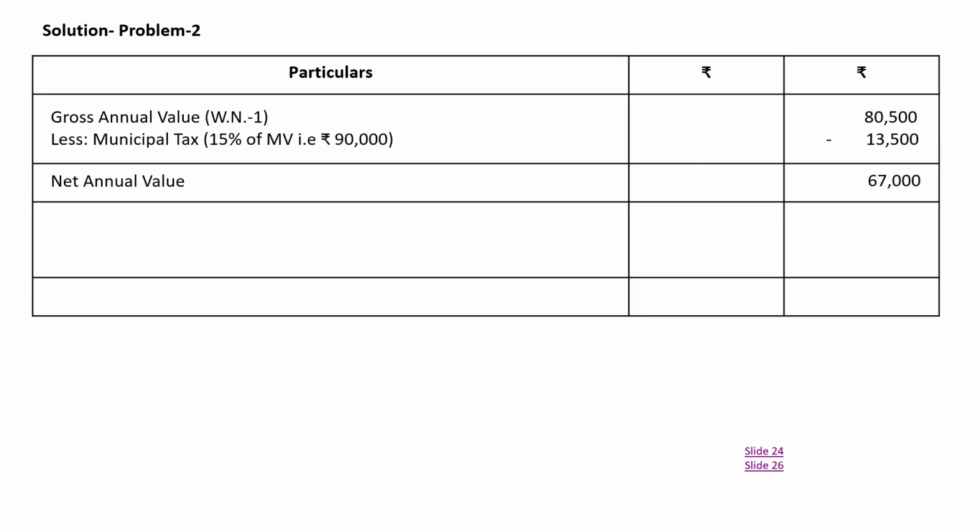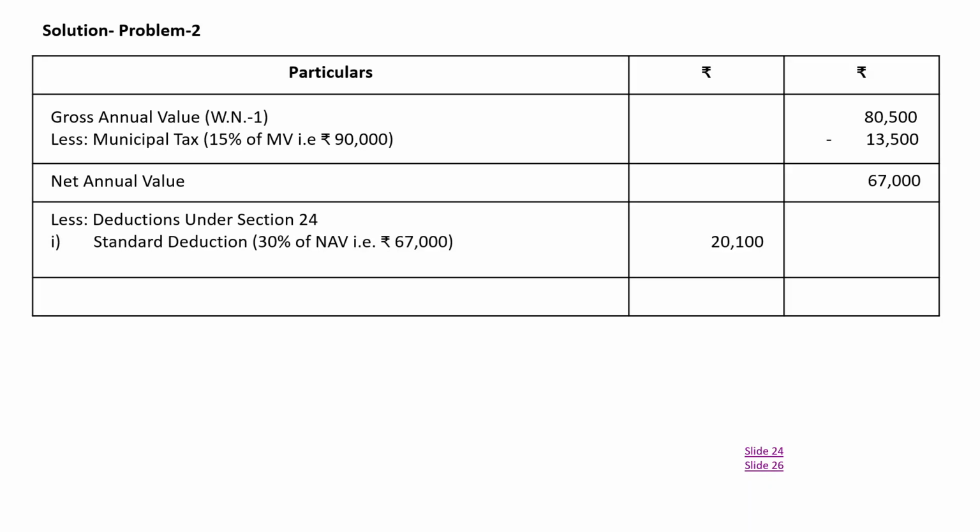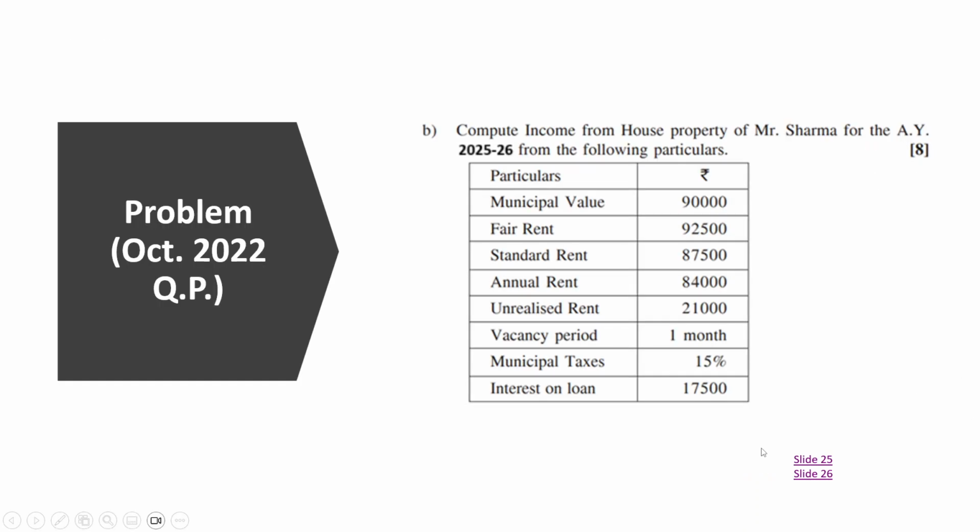Understood? Once we get the net annual value, from that we have to deduct the deductions under section 24. The first deduction is always the standard deduction, and that is 30% of net annual value, meaning 30% of 67,000. So we get the standard deduction of 20,100. Okay, understood? The second deduction is the interest on loan given in the problem, which is 17,500.